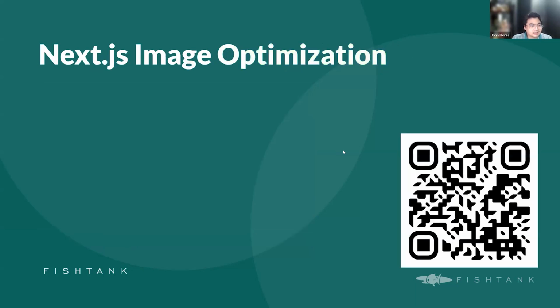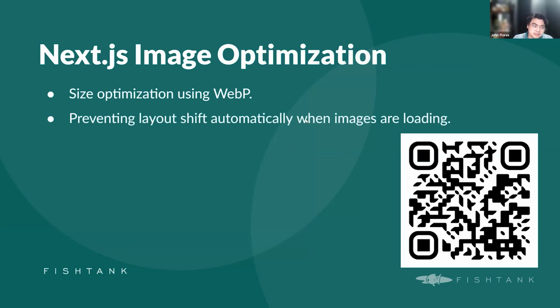Next, let me see how Next.js actually does the image optimization. One of the default ways is that it runs a loader on the image and then tries to compile it as a WebP file. It also helps prevent any layout shift that's happening, and obviously gives a faster page load.